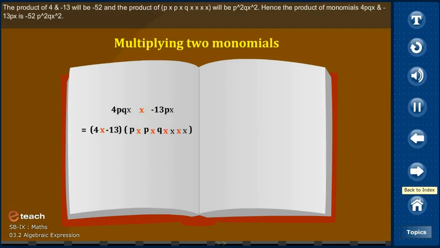The product of 4 and minus 13 will be minus 52. And the product of p into q into x will be p square qx square. Hence, the product of monomials 4pqx and minus 13px is minus 52p square qx square.